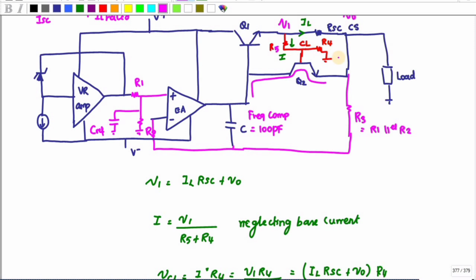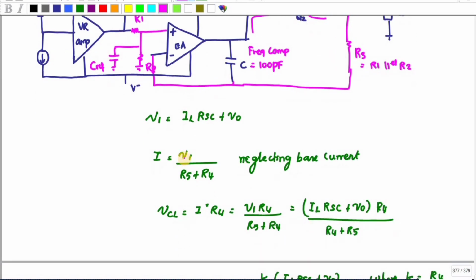What is the value of VCL? VCL is equal to I into R4. So you substitute the value of this equation. This is my second equation.